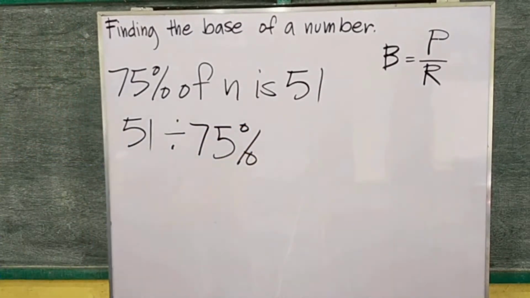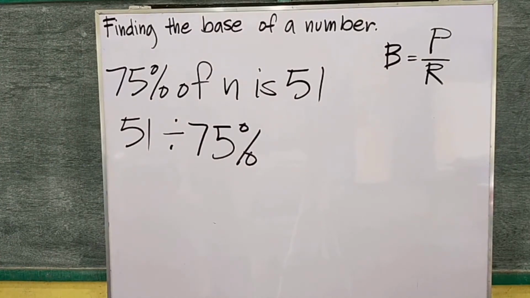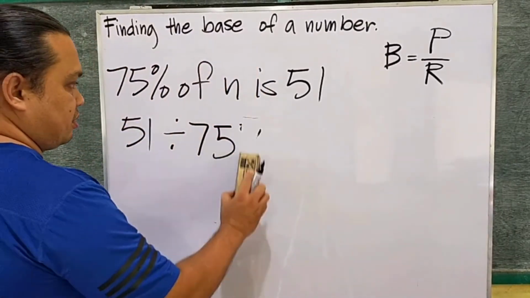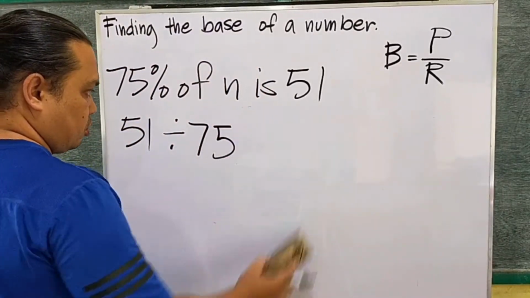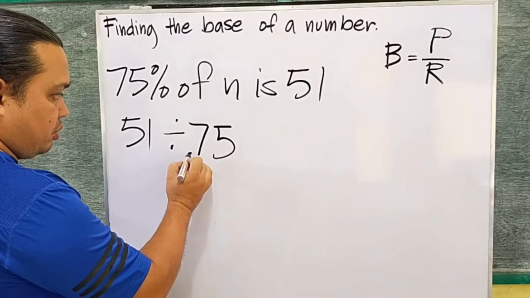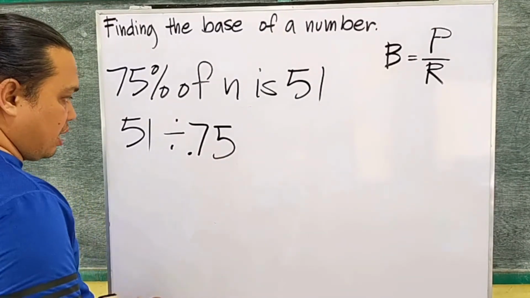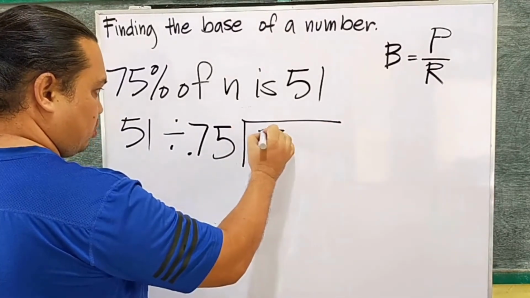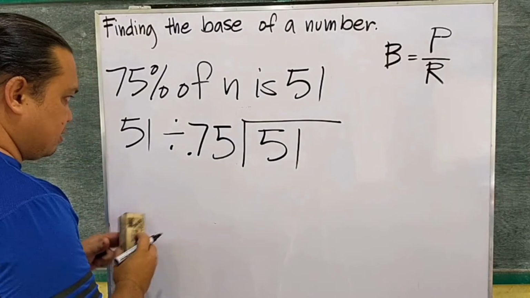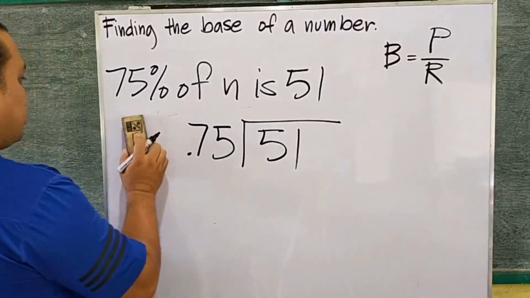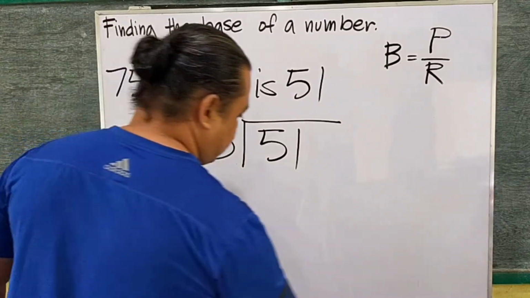So 51 divided by 75%. Next, change percent into a decimal number. 2 steps to the left. 1, 2. This will be our decimal point. So we are dividing 51 here by 0.75, our divisor.